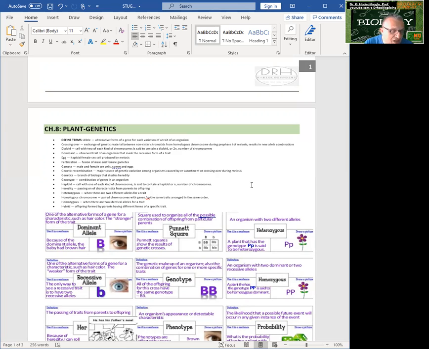We have character, trait, and gene. A character is a heritable feature like fur color, but a trait is the variant of the character, like brown or any other color.